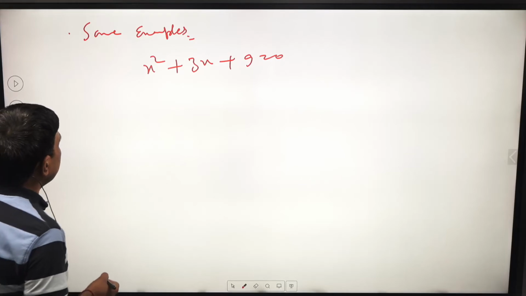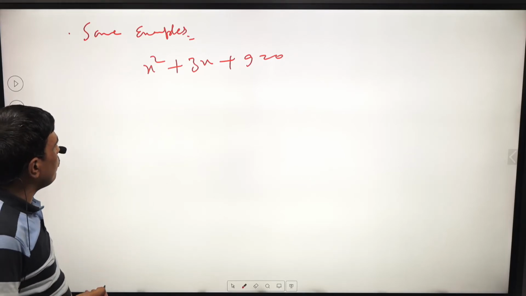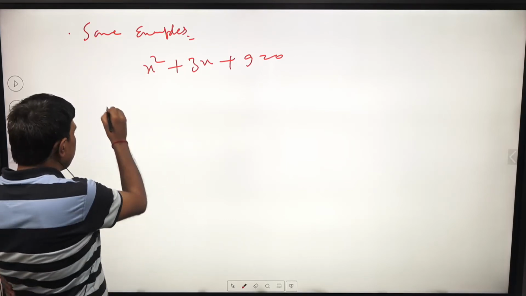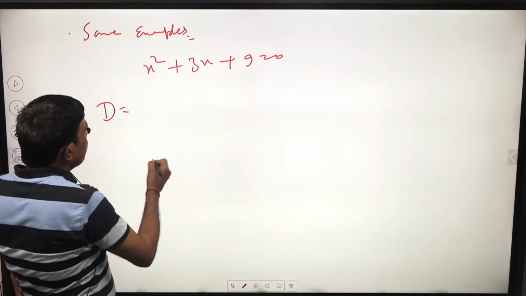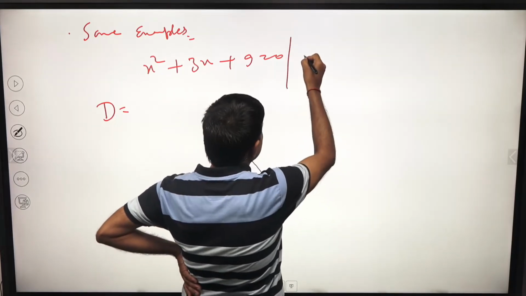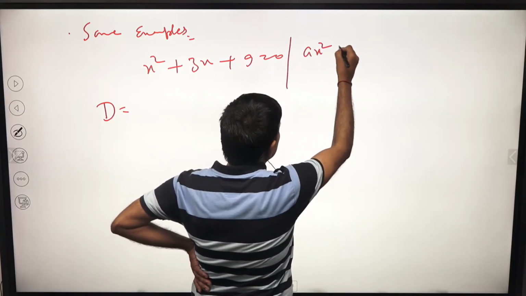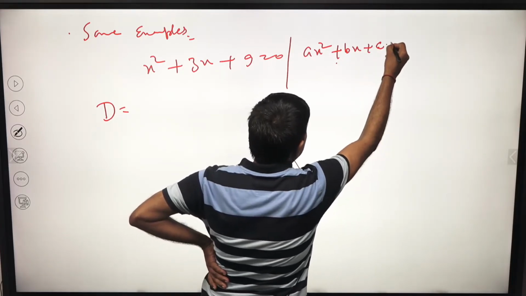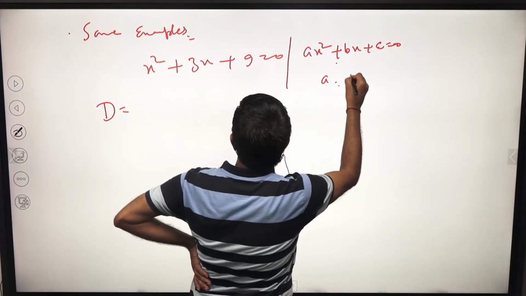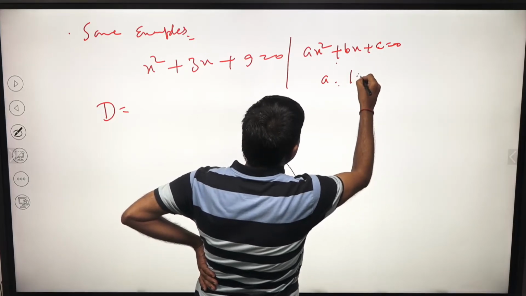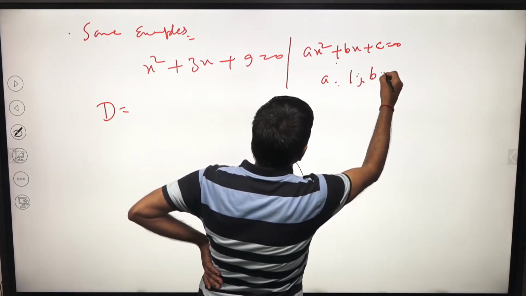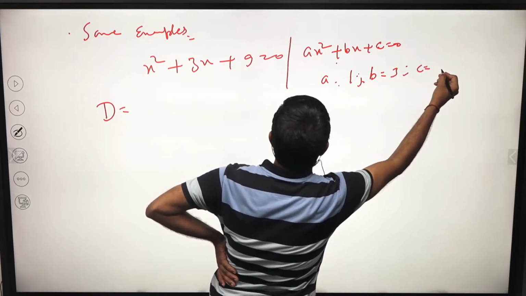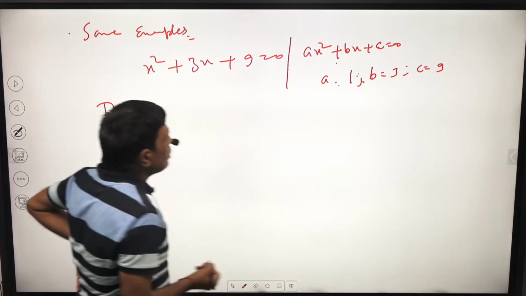Here, what is the nature of the roots? The nature of the roots depends upon D. So what is D? Here you compare this with the standard equation ax square plus bx plus c equal to 0. So here a is equal to 1, b is equal to 3, and c is equal to 9.